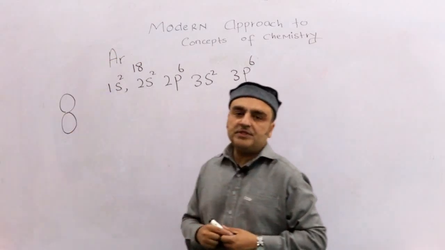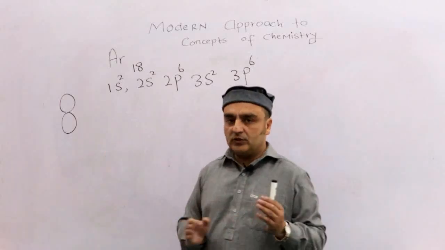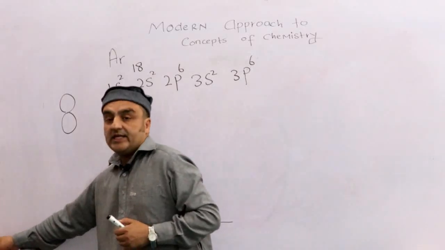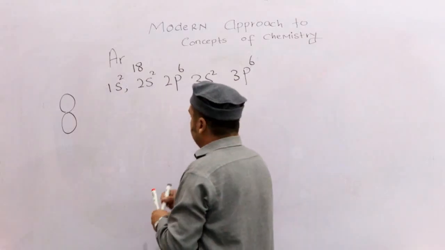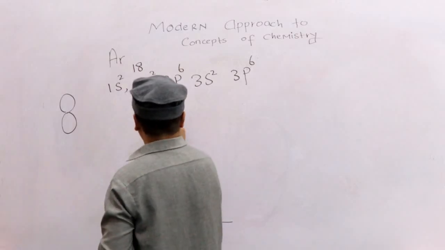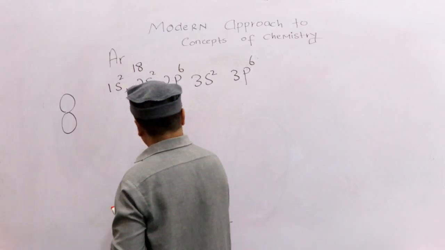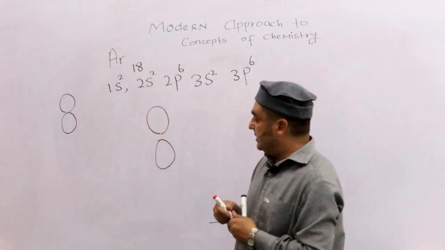But let me again tell you how this orbital looks. Generally, you know that these p orbitals are arranged in such a way that they are like this. This is the pz orbital. But what is in between?